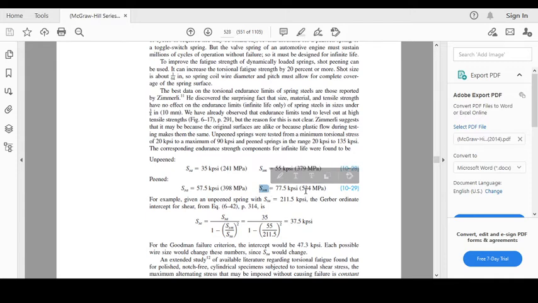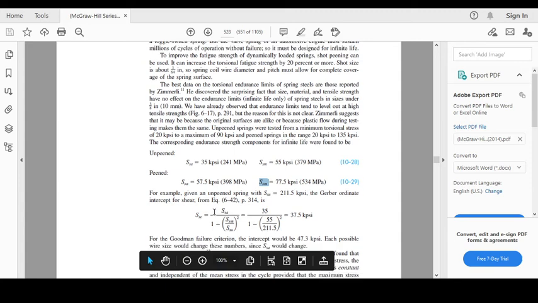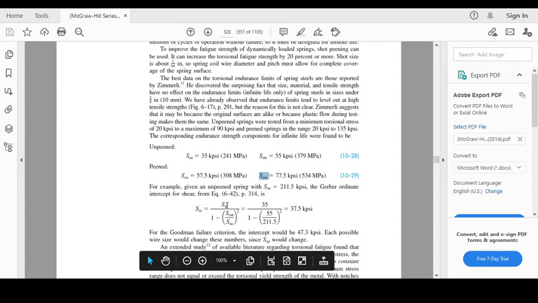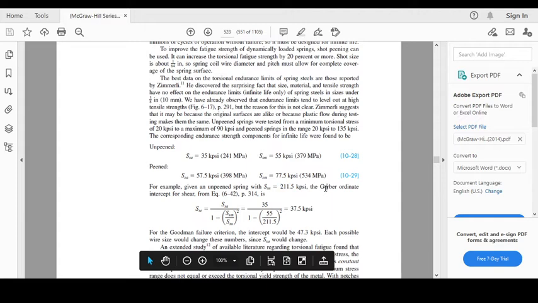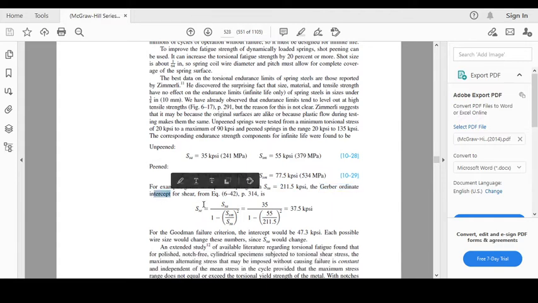and the mid-range strength is 77 kpsi or 534 megapascal. For example, given an unpeened surface, the ultimate strength is 101.5 kpsi, and the Gerber ordinate intercept for shear is like this.